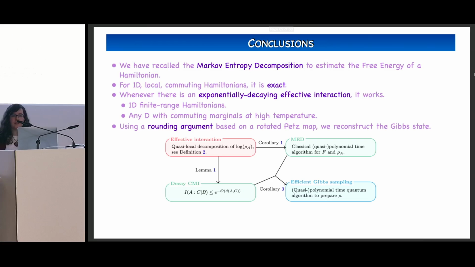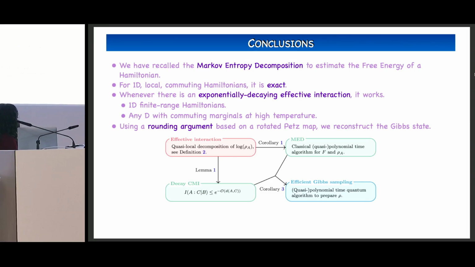And with this, I essentially want to conclude just by summarizing all the things that I've told you here. I think the best way to summarize is just by looking at this scheme that I'm writing here, which is that you start with this exponentially decaying effective interaction. You prove that you have exponential decay of the CMI. You prove that you have a classical algorithm that is quasi-polynomial for the free energy and for the marginals of the Gibbs state.